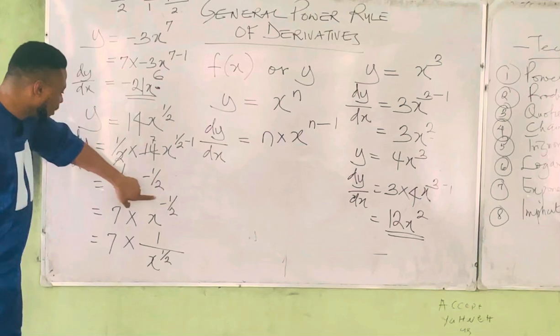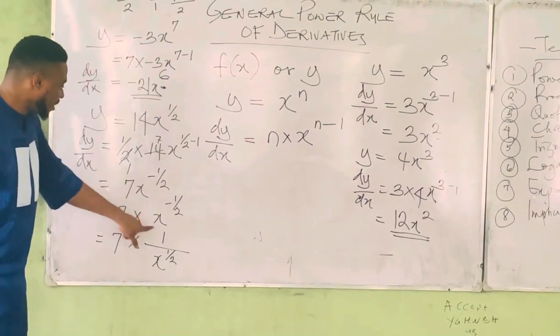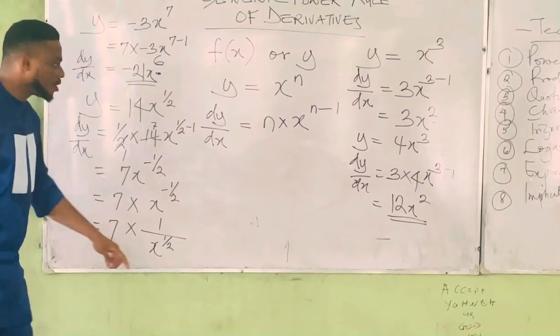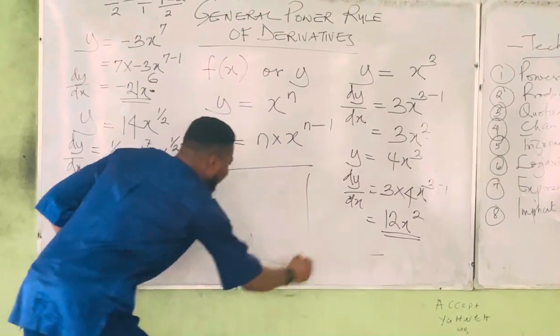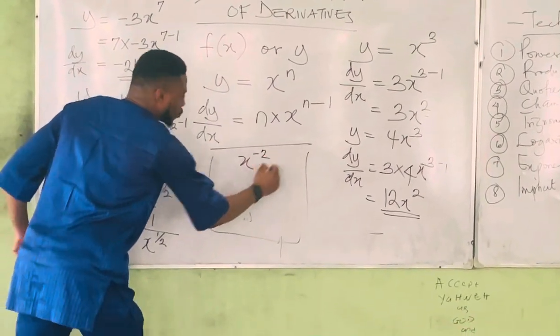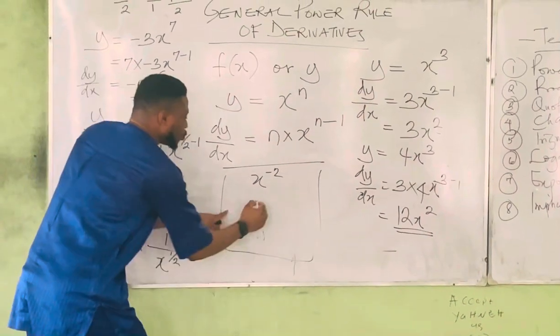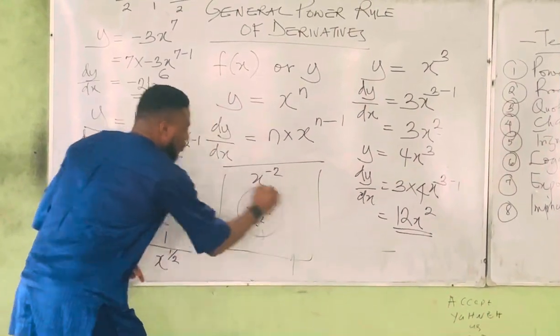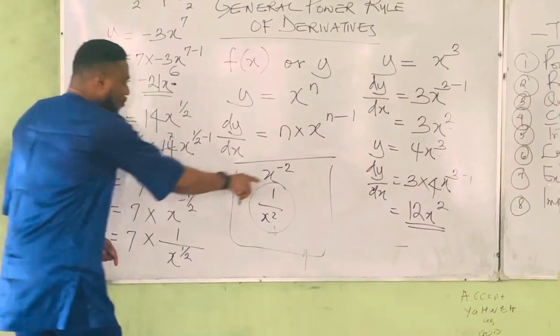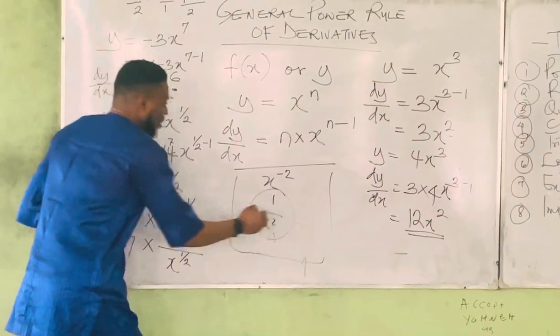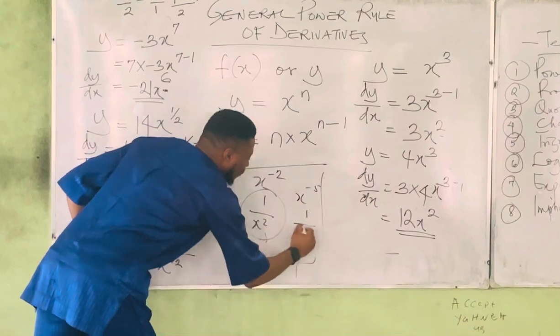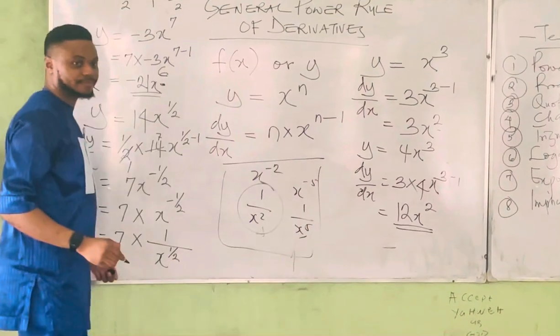Because anytime you remove this minus sign, it becomes division. For instance, let me give you a very simple example. If you have x raised to power minus 2, it is 1 over x squared. So if you remove the minus, it's division, 1 over. x raised to power minus 5 is 1 over x raised to power 5.